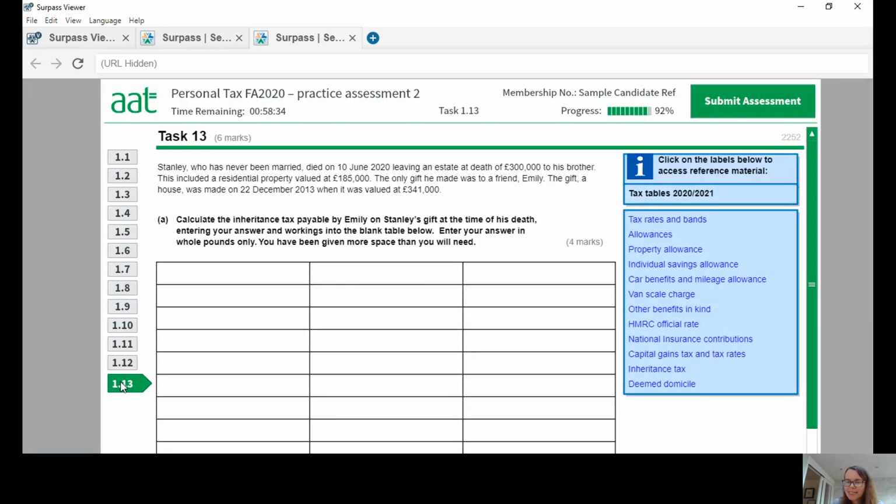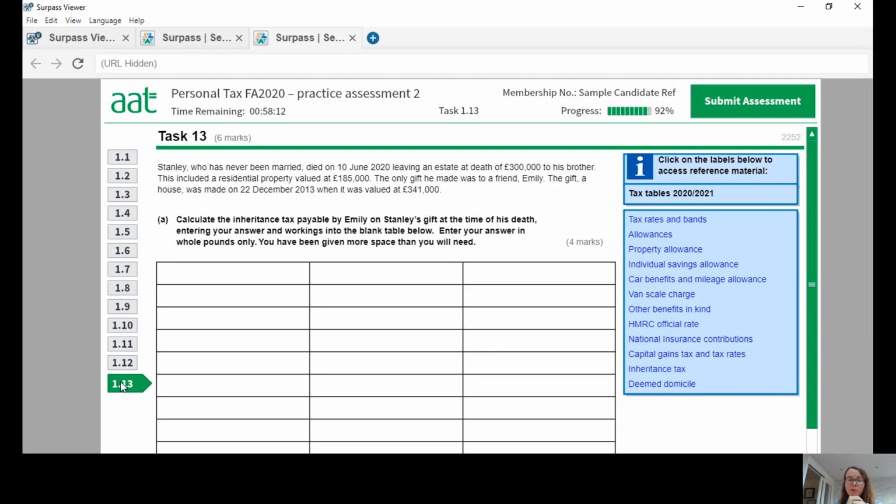Right, task 13. Stanley, who has never been married, died on the 10th of June 2020, leaving an estate of 300,000 to his brother. This included a residential property.